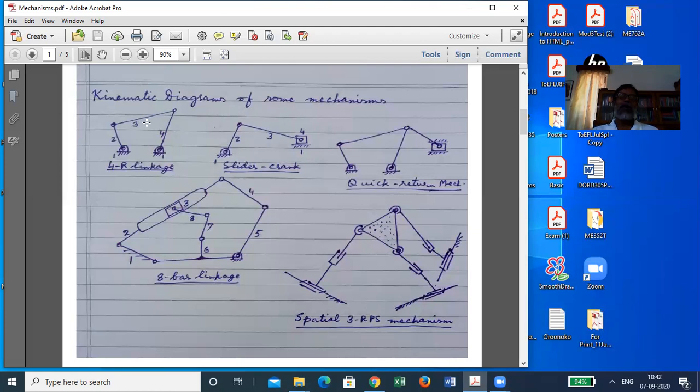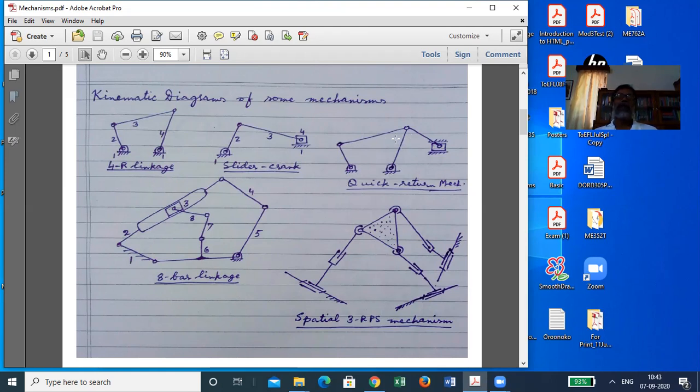Okay, now a little bigger mechanism, this one, and you are going to think of how many links and pairs this has, and for that I'm giving you 1 minute time.